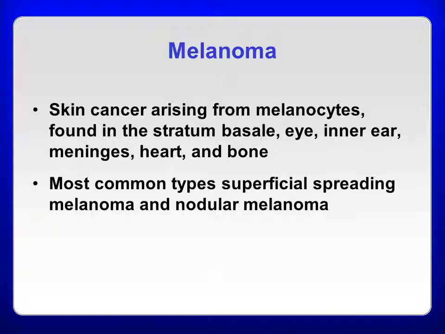What are the physical characteristics of individuals who tend to be more susceptible to melanomas? Make note of that. This is the type that has a lot of mortality associated with it. If found early, the prognosis can be very good. However, it's very common to have this metastasize to other areas of the body.